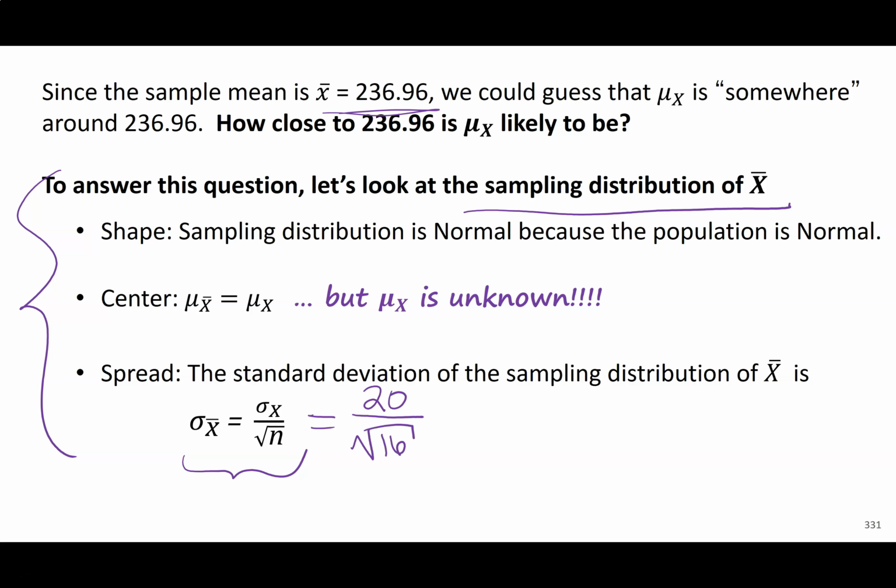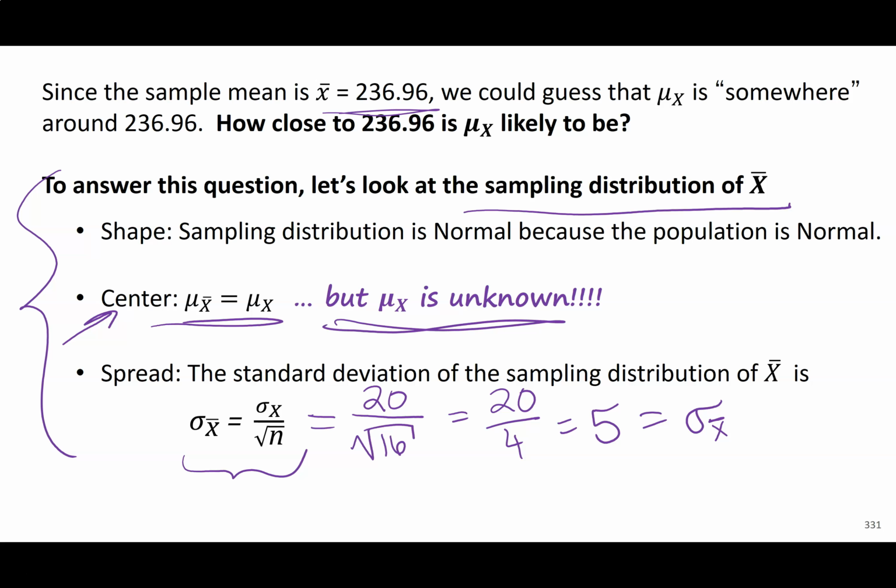So 20 over the square root of 16. Oh look, isn't that nice? 20 over 4 is 5. That's our standard deviation for the sampling distribution. And then here's the thing we don't know: that center. It's centered wherever the population mean is, but we're not sure exactly where it is.